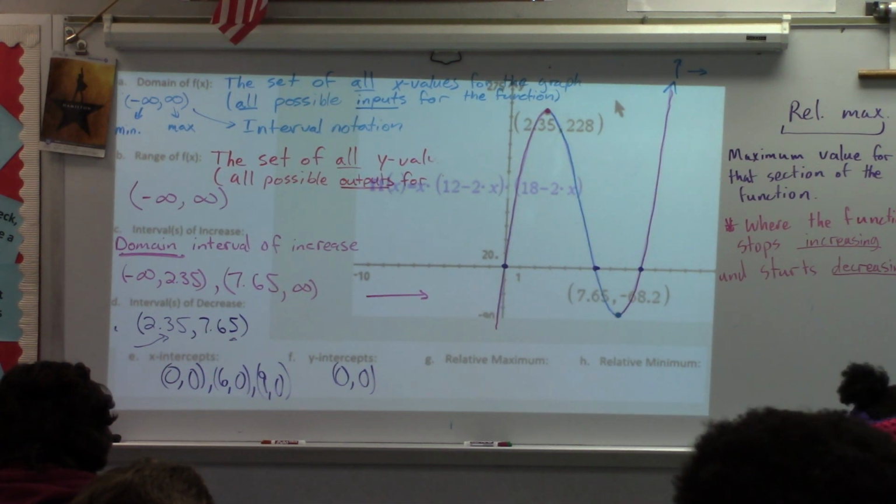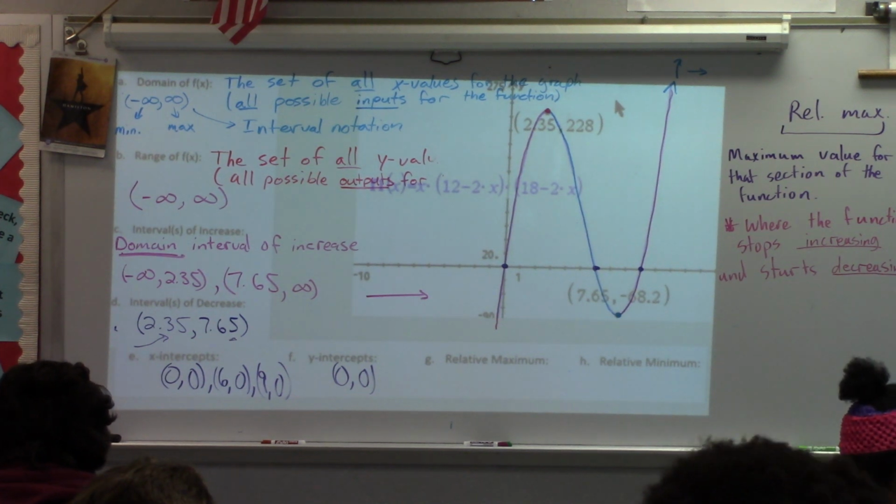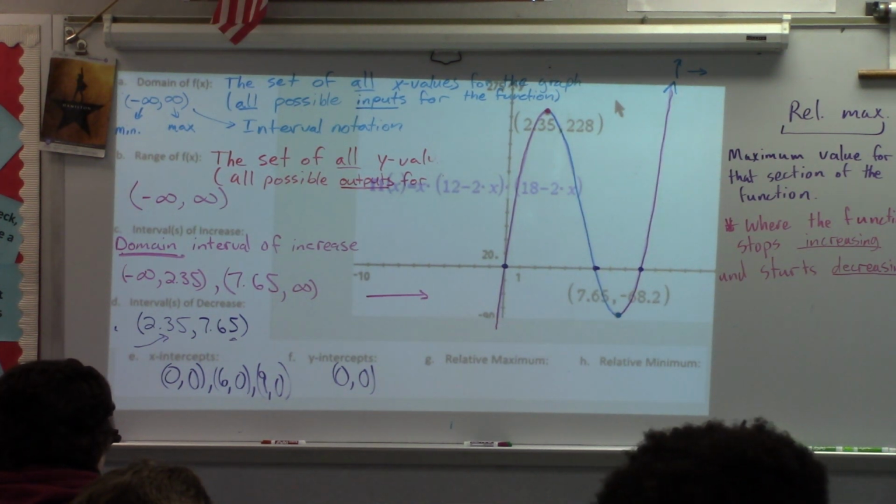So when we have a relative minimum, what is it stopping doing? Decreasing and starts to increase. That's the only way you get a minimum.